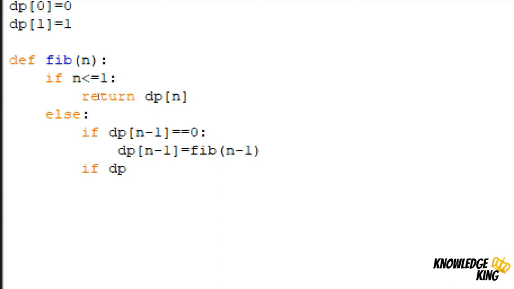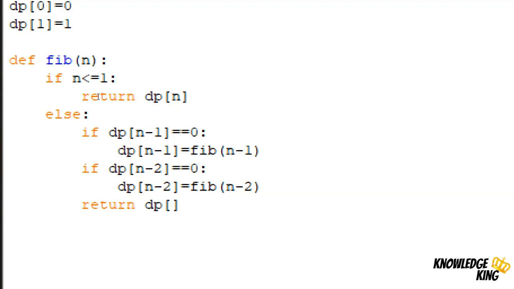If dp of n minus 2 is equal to 0, we need to compute the second previous value: fib of n minus 2. If we have already computed those two values, then we can directly return dp of n minus 1 plus dp of n minus 2.